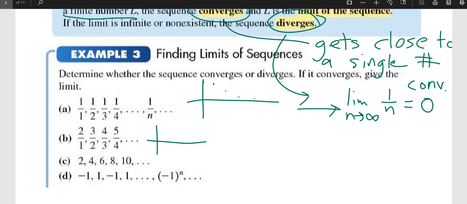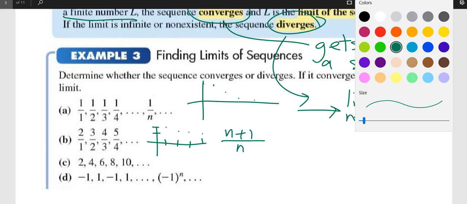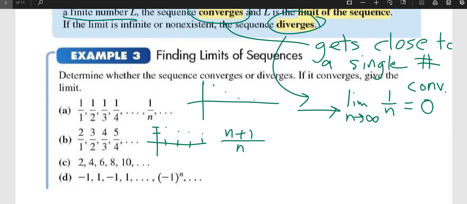Well, what about the next one? Okay, so we got 2, and then we've got 1.5, and then 1.33, and then 1.25. So notice that the number on top is n plus 1, and the number on the bottom is just n. How did I get that?